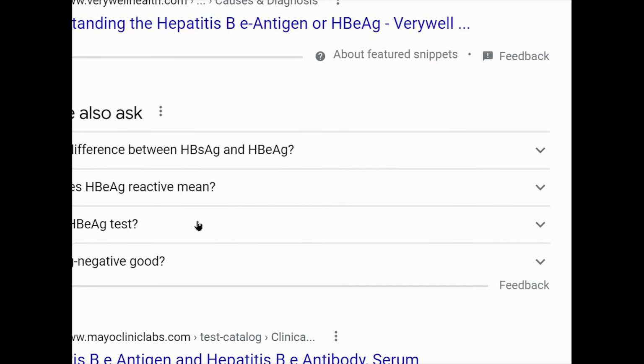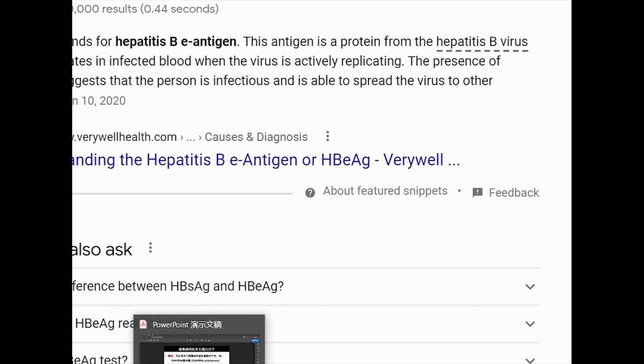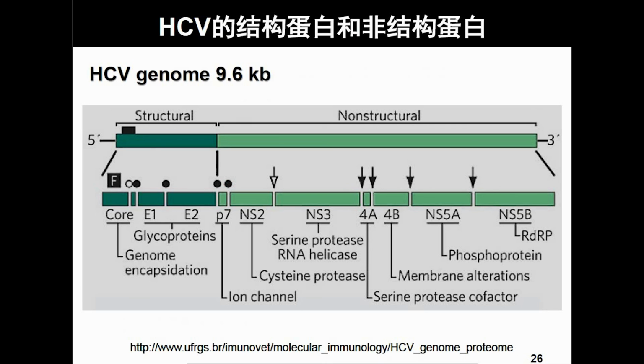If we find this HBeAg, hepatitis B antigen, in the blood, that is how we can test whether the person has hepatitis or not. These are non-structural proteins. In the HCV virus, see the genome, a little bit of half is structural and the other is non-structural protein.